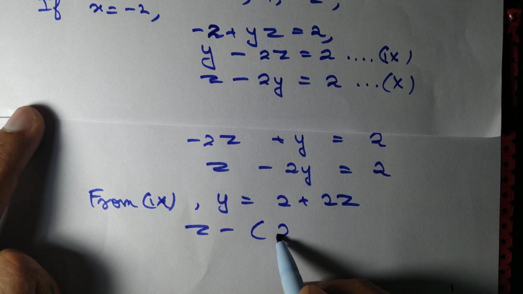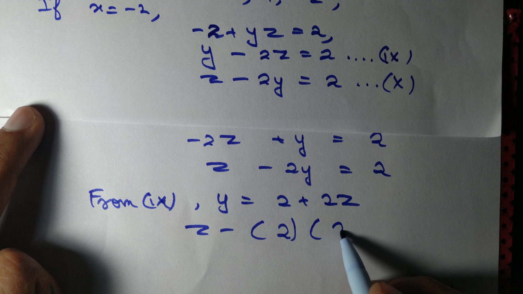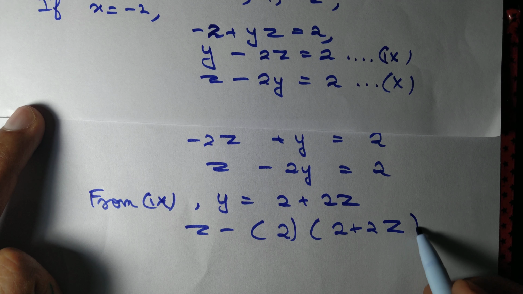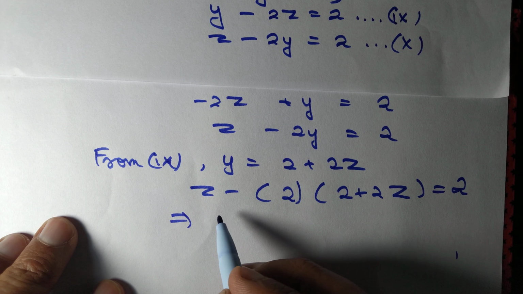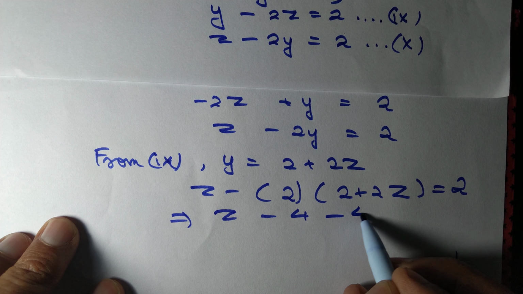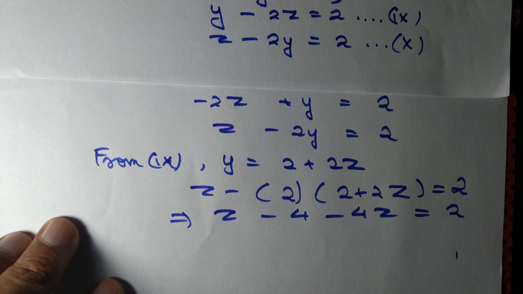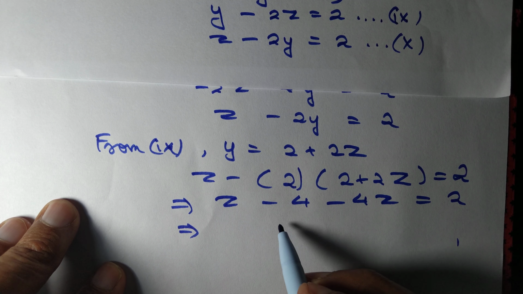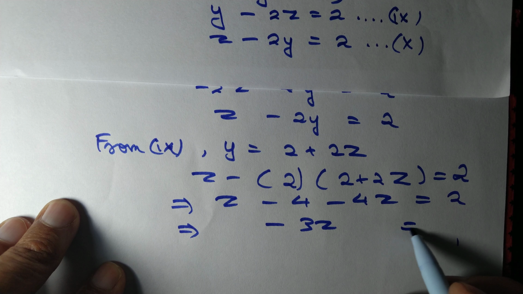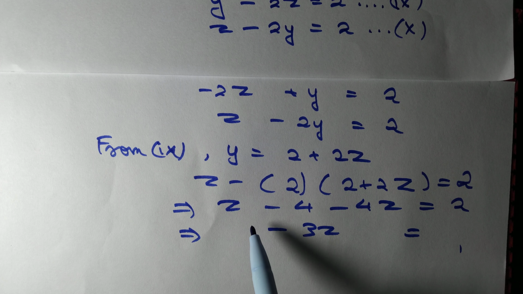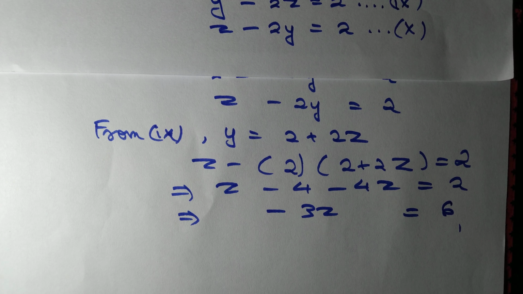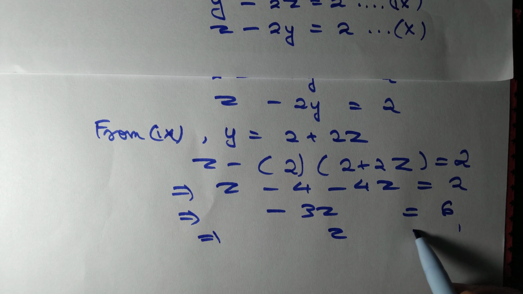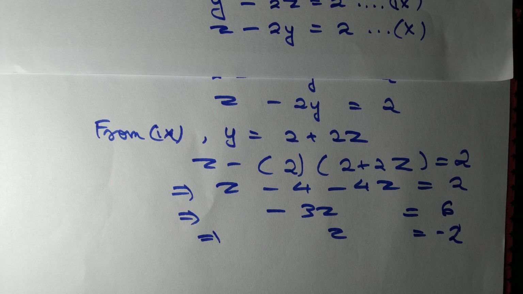z minus 2 into 2 plus 2z equal to 2. Let's simplify it. z minus 4z equal to 2 plus 4, that gives us minus 3z equal to 6, so z equal to minus 2.